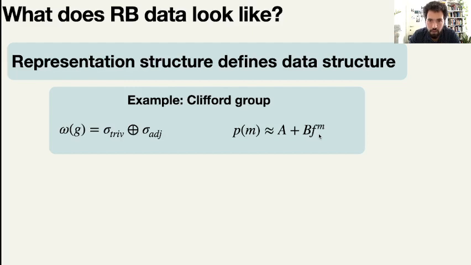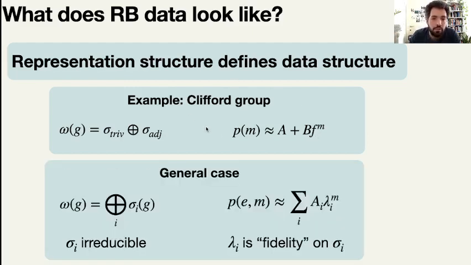And now people have looked at this more broadly and realized that in general, if you have some arbitrary group gate set with a more complex representation, that's a direct sum of inequivalent irreducible representations, then your data does not look like a single exponential decay.